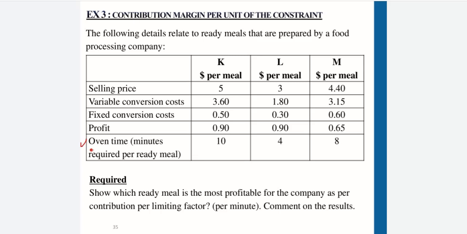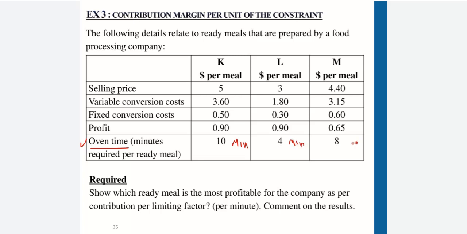What is the meaning of oven time? Minutes required per ready meal. How many minutes it takes inside the oven. The first meal takes 10 minutes. The second meal takes only 4 minutes inside the oven.